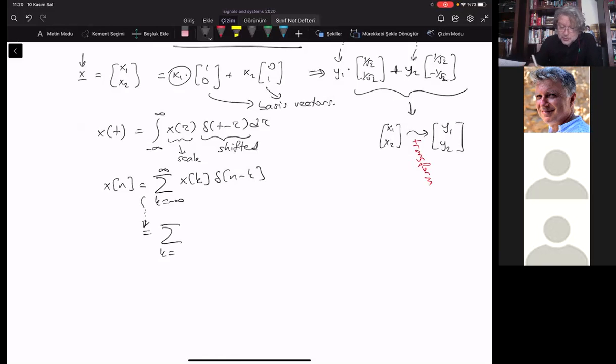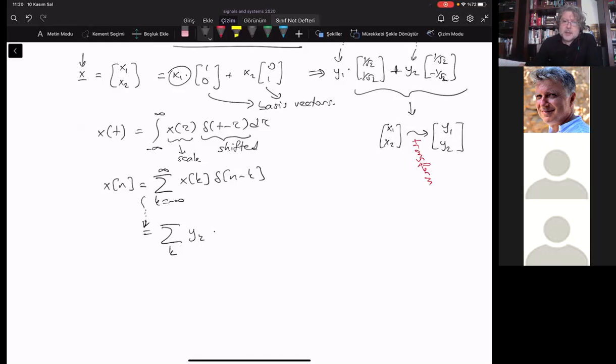It may be finite or infinite. So let's keep it like some summation over k of y k, let's say, times some different basis signals.